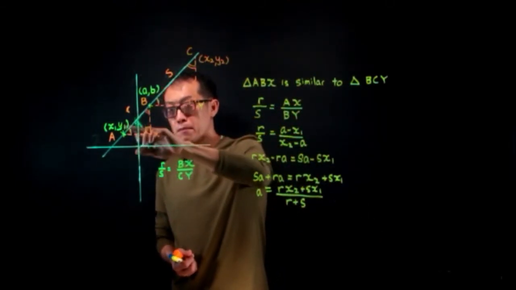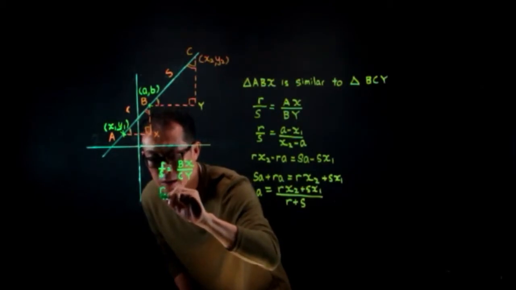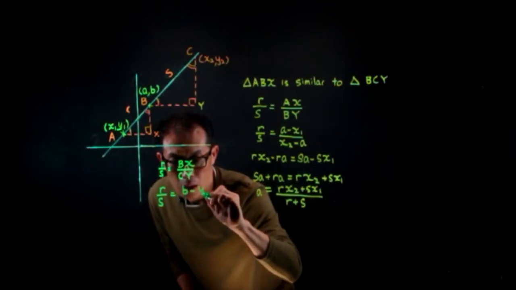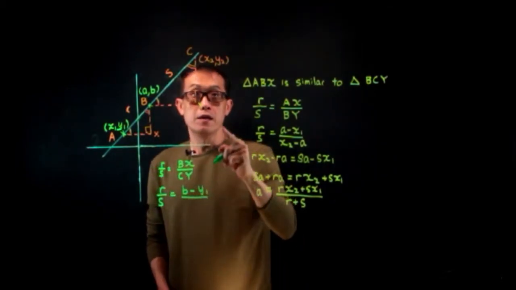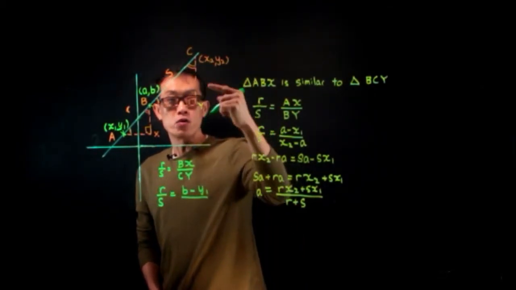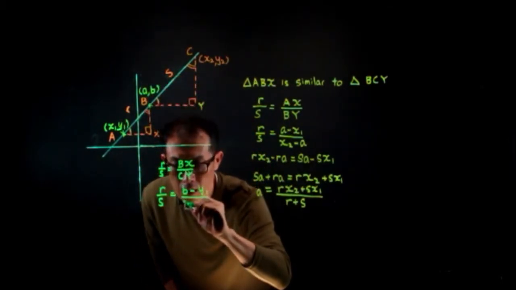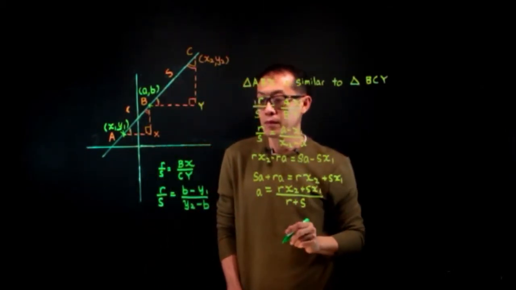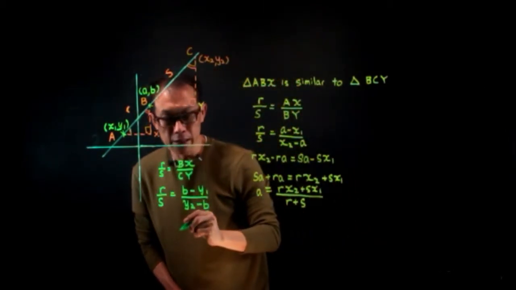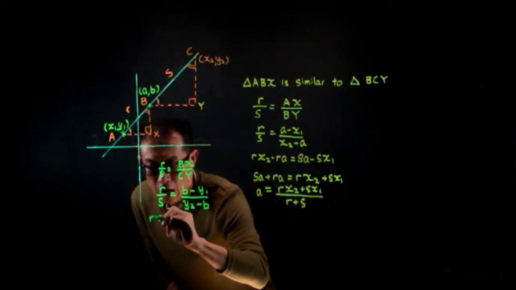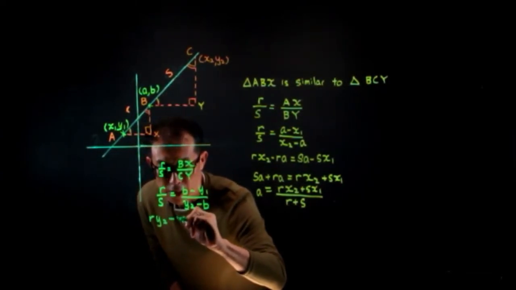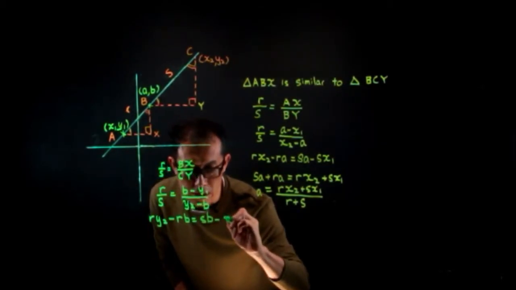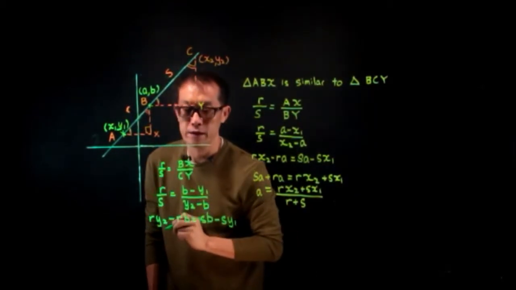BX is B minus Y1. Now, CY is Y2 minus B. Okay? Now, we can do a cross multiply. So, you have R Y2 minus RB equals SB minus SY1.